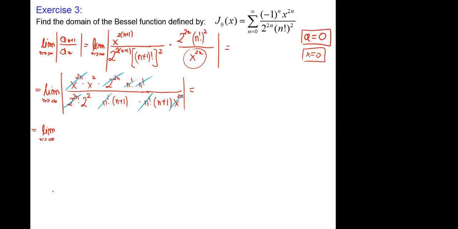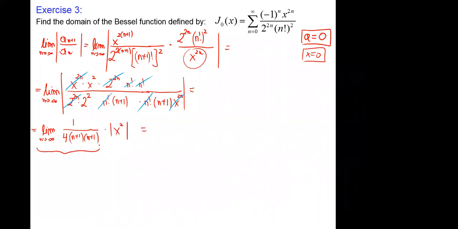Okay, that means what stays on the top? 1 over 4, n plus 1 times n plus 1, and just x squared on the top, right? Because you can see I'm collecting all of the n's and leaving all of the x's at the end. I don't even need the absolute value because it's squared.